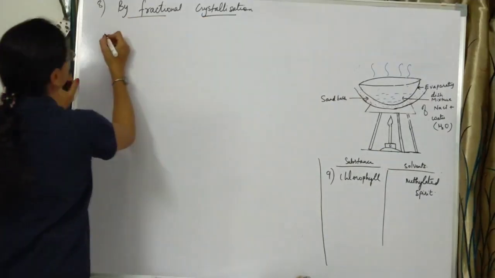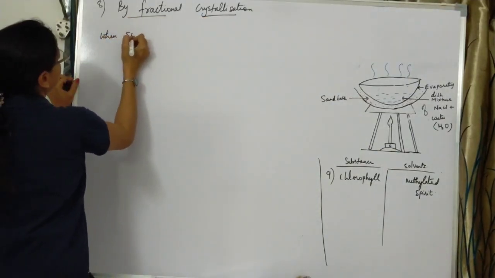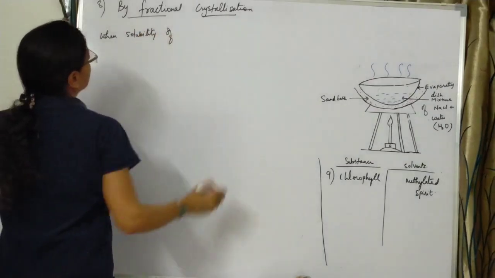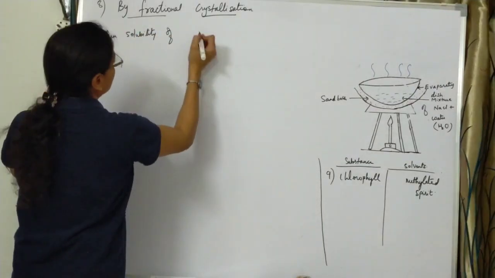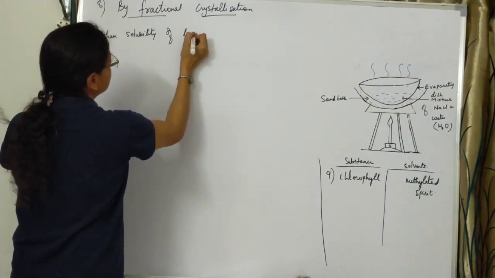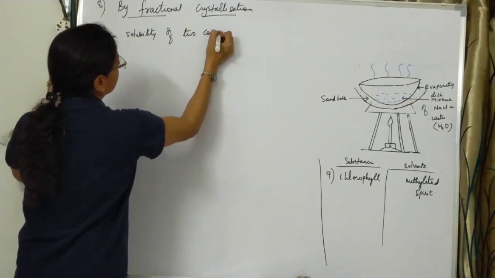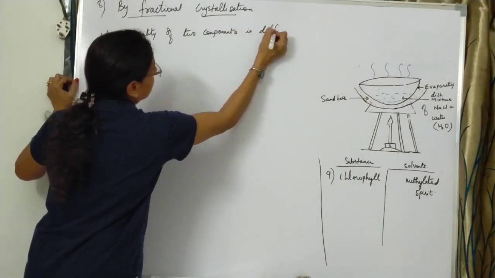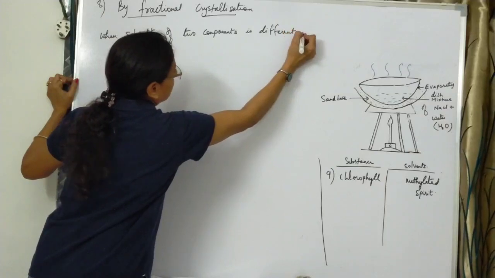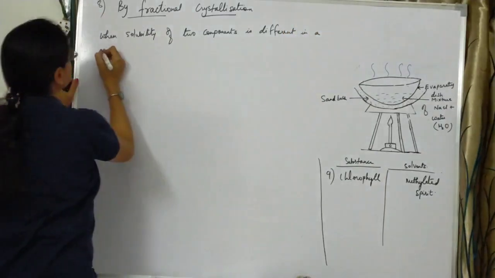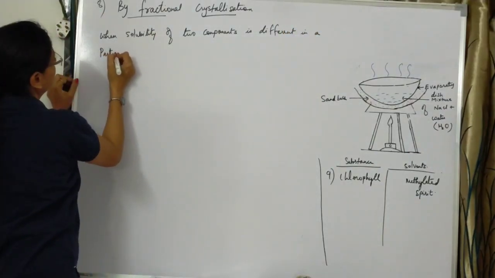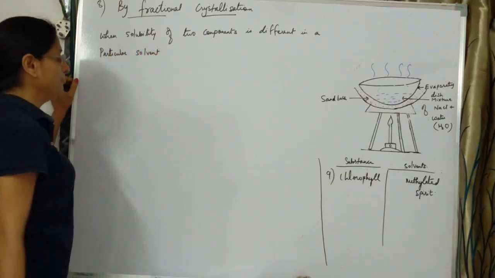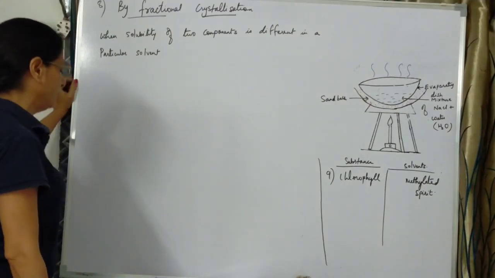We can say when the solubility of two or more components, let's take two components, is different in a particular solvent, then we can employ this method, then only this method can be used.